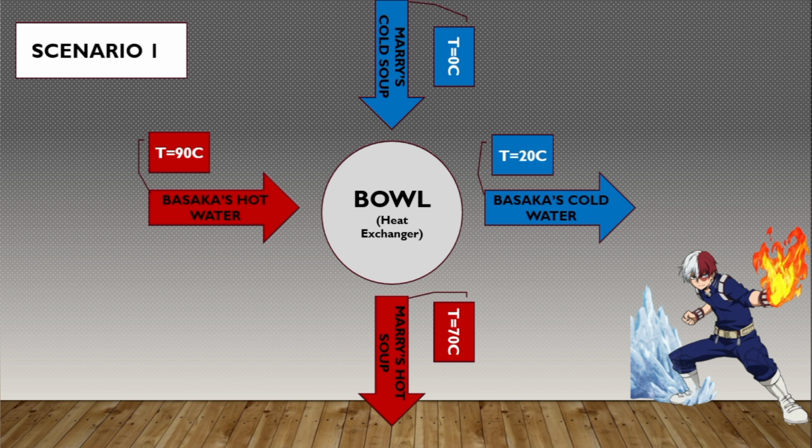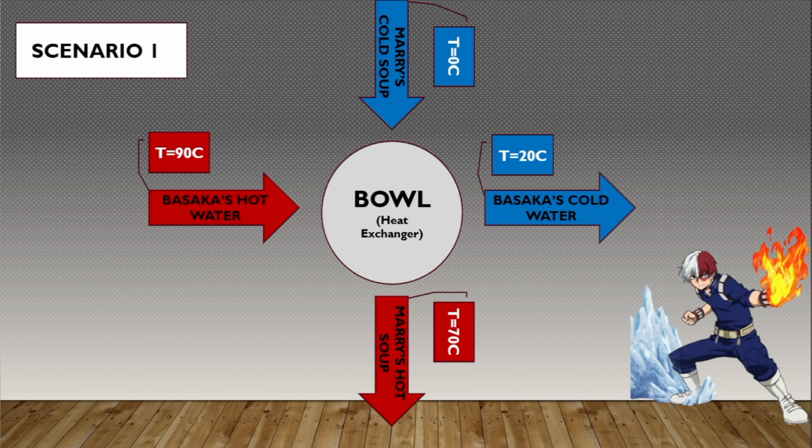With this interaction, we believe that Mary having a temperature of 0 Celsius and Basaka having a temperature of 90 Celsius, after thermal energy transfer between their two fluids, Mary ends up having an end temperature, an outlet temperature of 70. So we believe our soup comes out hot at a temperature of 70 Celsius, and Basaka's hot water comes out at an outlet temperature of 20 Celsius, coming out cold, and Mary's cold soup coming out hot.